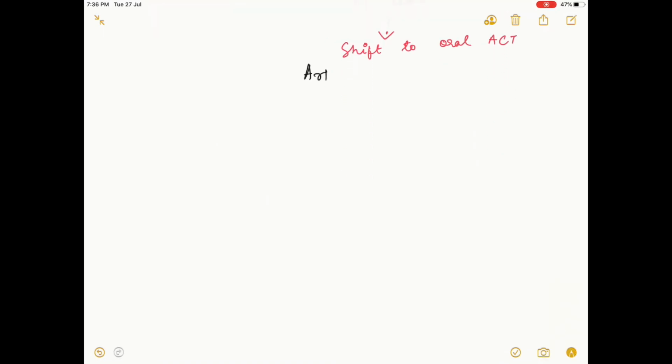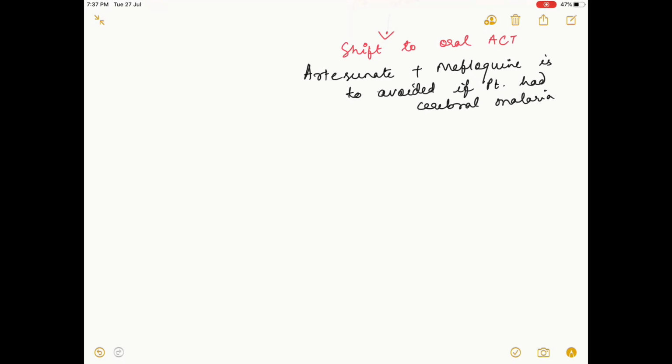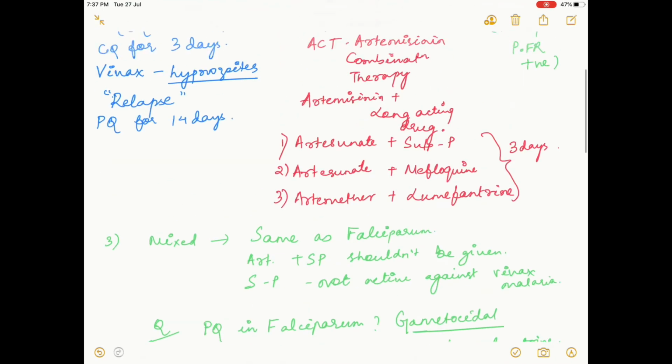We need to avoid artesunate plus mefloquine if the patient had cerebral malaria. Why is this avoided? Because mefloquine has neurotoxic side effects.